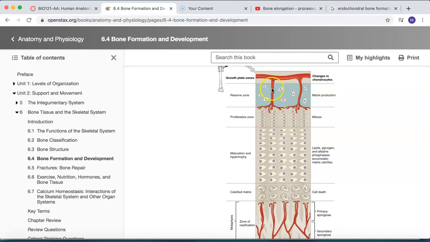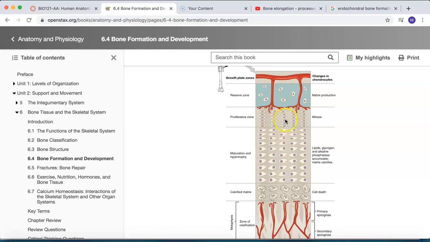But now this zone is pretty much stable and doesn't have any additional cell division in it. But just beneath that, you have the proliferative zone. In this zone in the hyaline cartilage, you have all these chondrocytes within the lacuna that are rapidly dividing mitotically. And as they do, they are pushing the reserve zone up and thereby lengthening the bone.